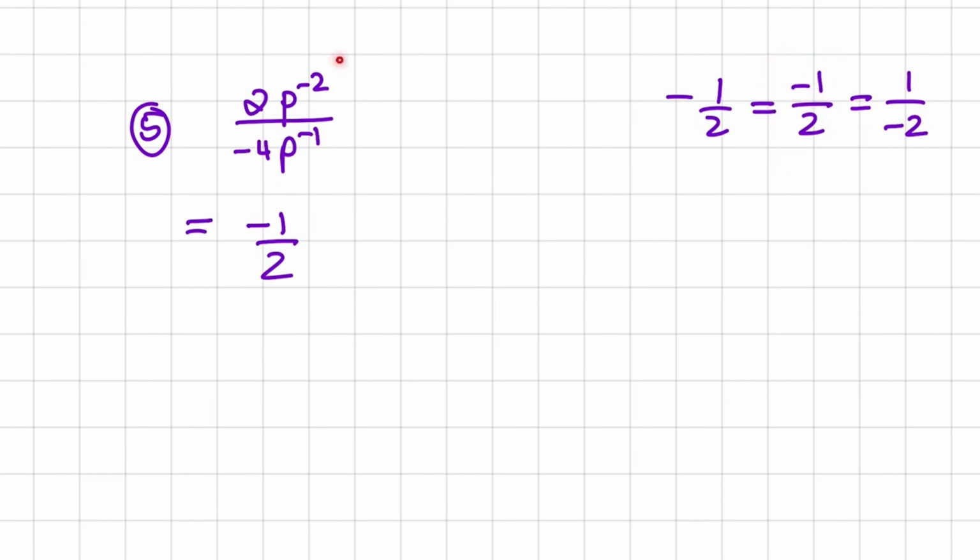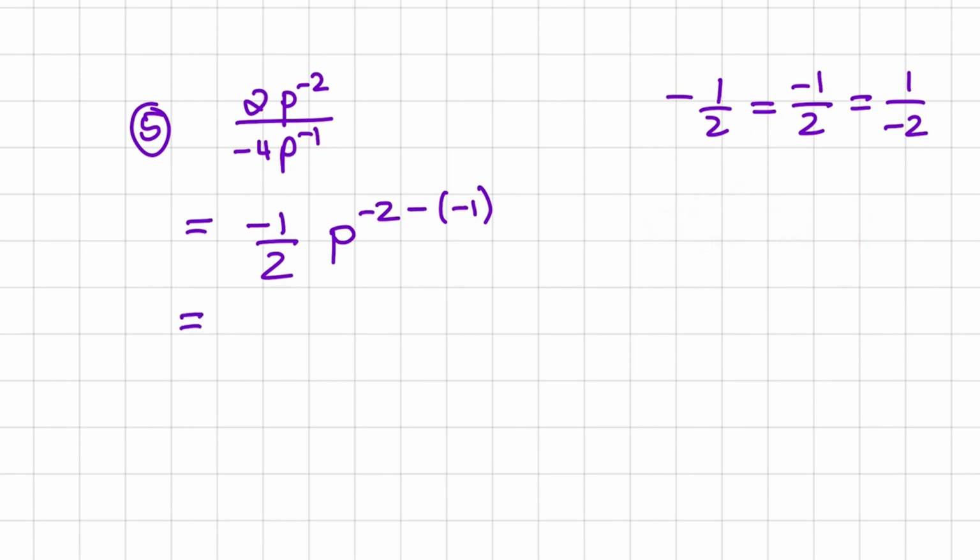Next, let us work with the exponents of p. So when we divide, we'll take p to the power of -2, and we would subtract the exponent at the bottom, which is -1. So notice it is -2 minus -1. And it's a double negative, and two negatives next to one another, when we multiply, becomes positive.